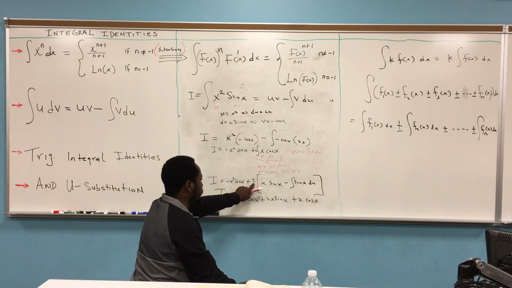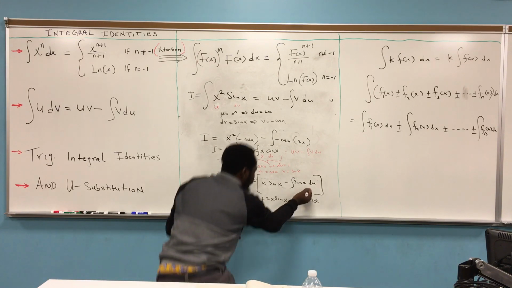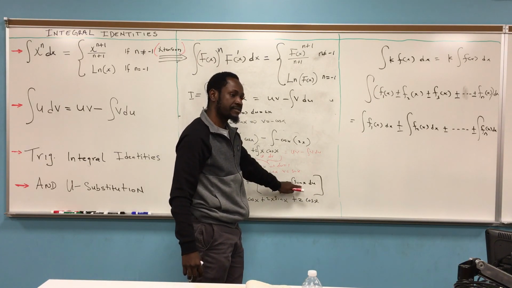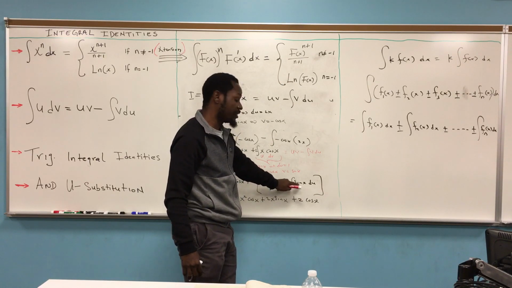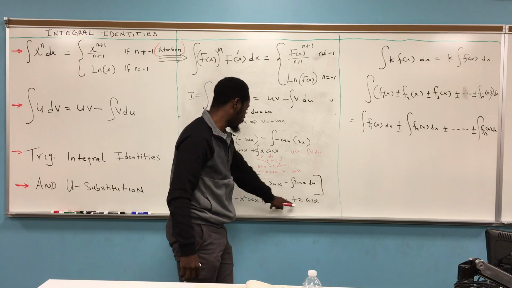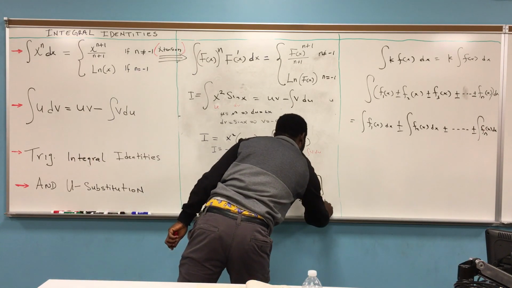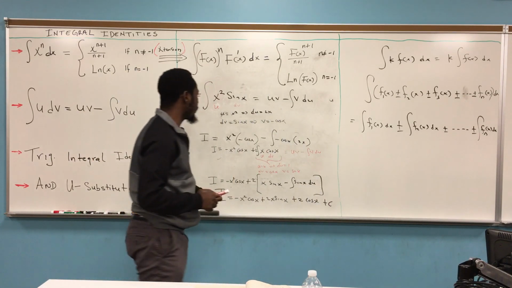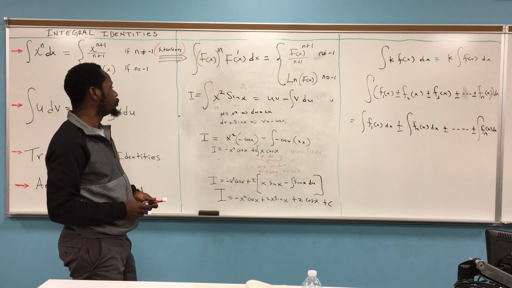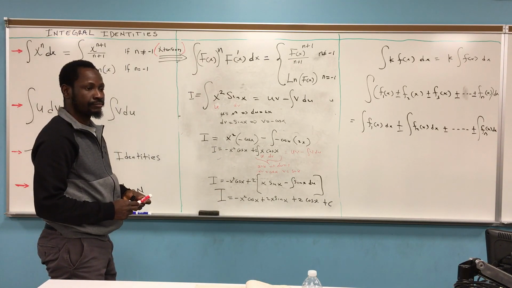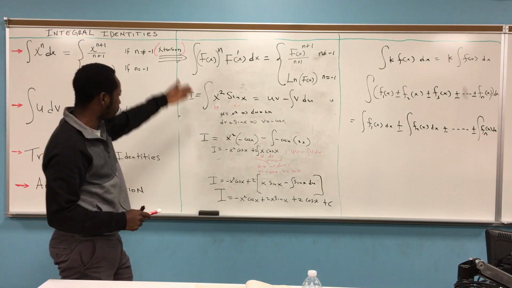I have 2 because these 2 distribute in, but the integral of sine will give me negative cosine. Negative, negative gave me positive here. And then I can have plus c. So sometimes you need to do it several times to solve the question.